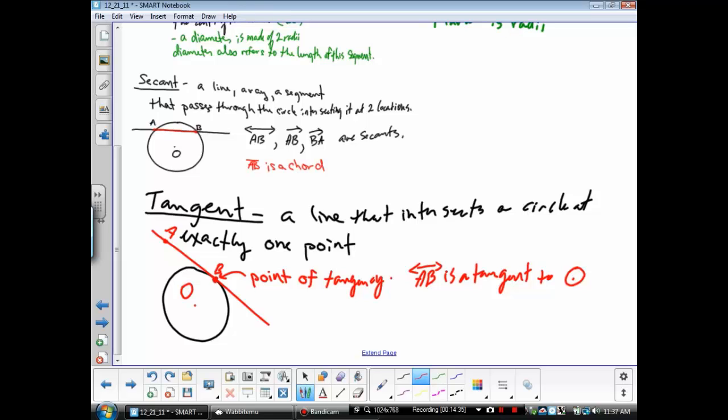So tangent to circle O is line AB. Sorry, line AB is a tangent to circle O at B. Yes, at point B. B is the point of tangency.